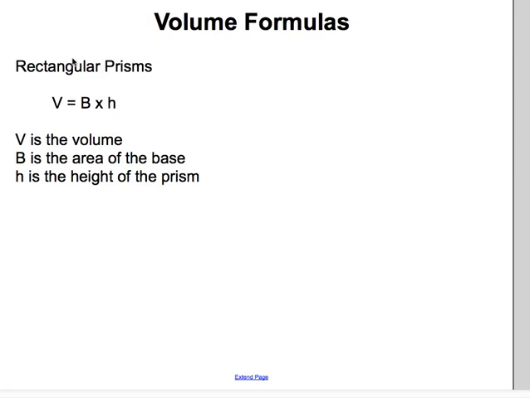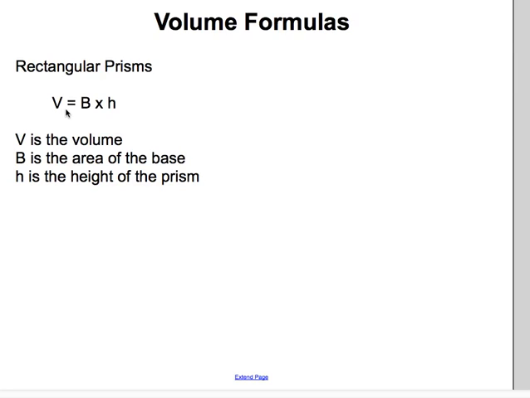The formula for finding the volume of rectangular prisms is this capital B times this lowercase h. Now it's really important that you know what those letters stand for. So you also need to write this part in your notes. V is the volume.